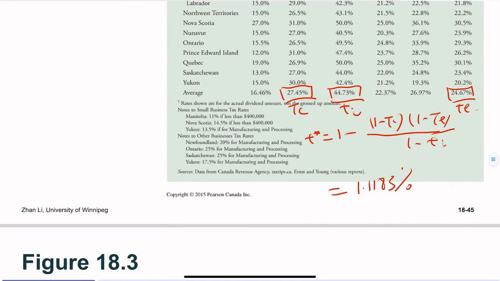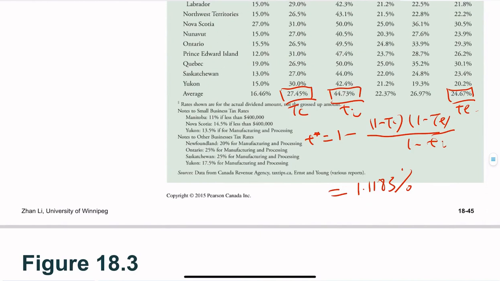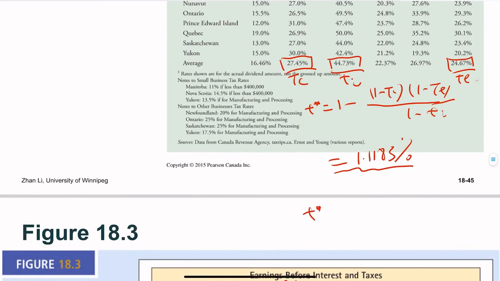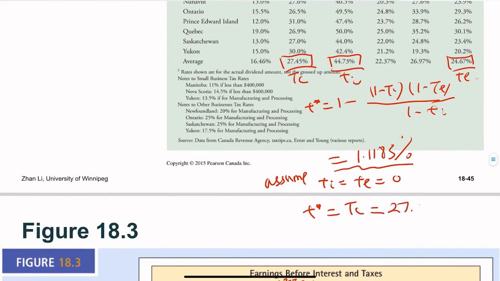Okay, let's first compare this number. Let's assume TI and TE are both 0. In this case, the effective tax advantage is just the corporate tax rate, which is 27.45%.